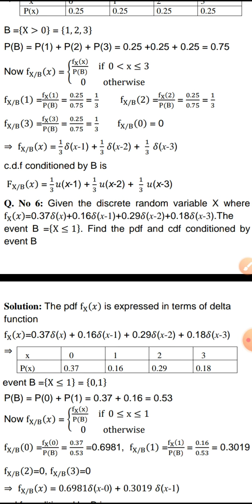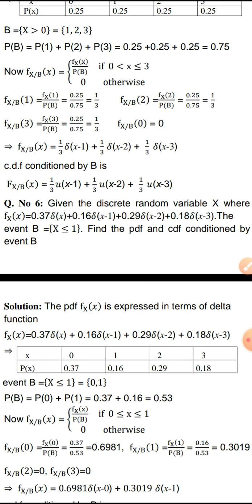From that probability density function f x of x, which is expressed in terms of unit delta function, we can note down the values of x and the corresponding probabilities p of x. Delta of x means delta of x minus 0, so one x value will be 0 and the corresponding probability is 0.37. Delta of x minus 1 means the next x value is 1 and the probability is 0.16.